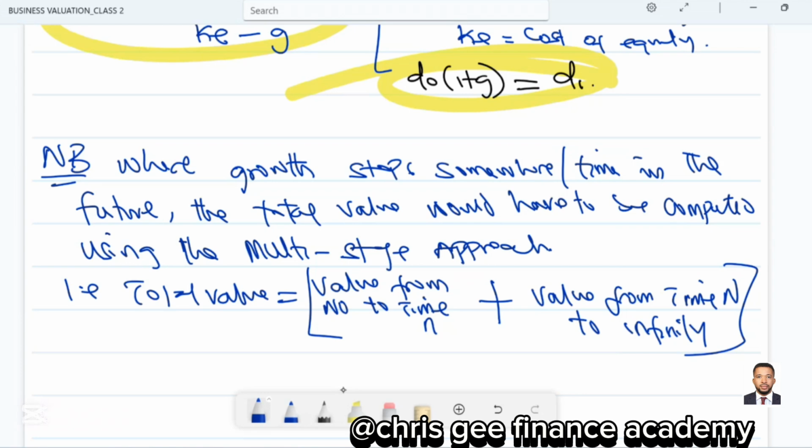So what we are supposed to do is adopt the multi-stage approach. The multi-stage means the value from now to time n, which is some time in the future, plus the value from time n to infinity. The two of them will give us the value of that company. Any question? Yes, terminal value, infinity.